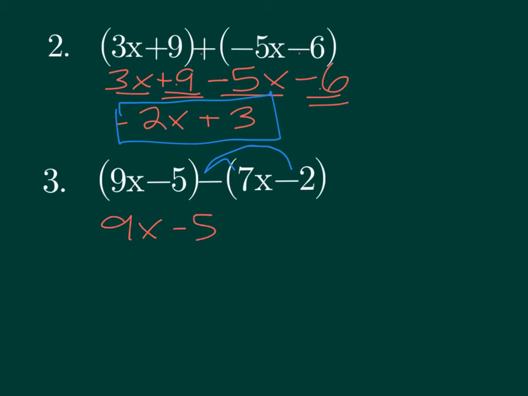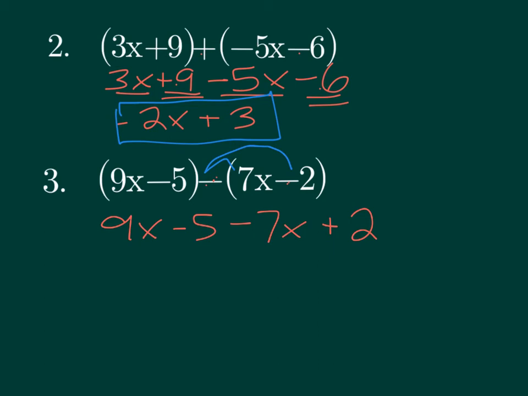Now when I distribute that negative, that negative times the 7 is negative 7, so minus 7x. And then we have a negative times another negative. A negative times a negative, remember, is positive. So we're going to make that a positive 2 there.